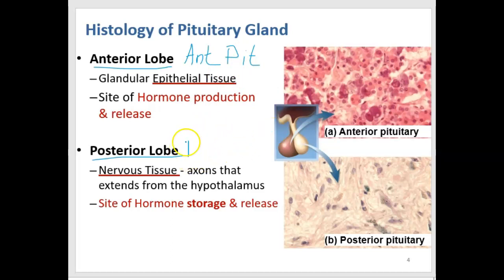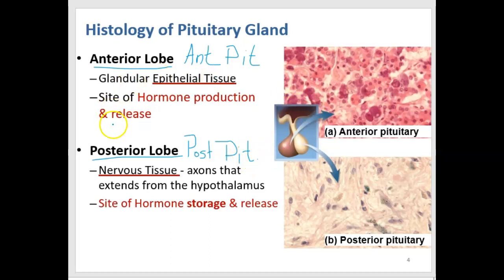Sometimes we also just say posterior pituitary to refer to the posterior lobe or the neurohypophysis. Just so you know, there's always oral shortcuts.